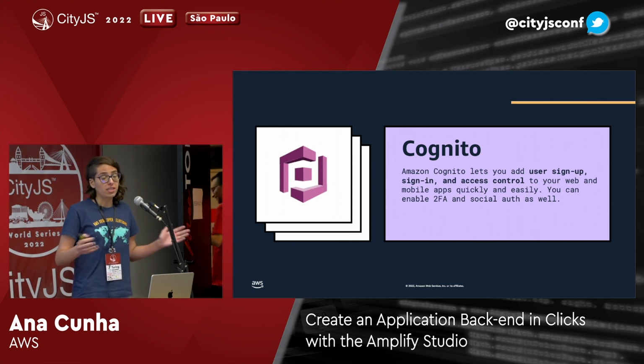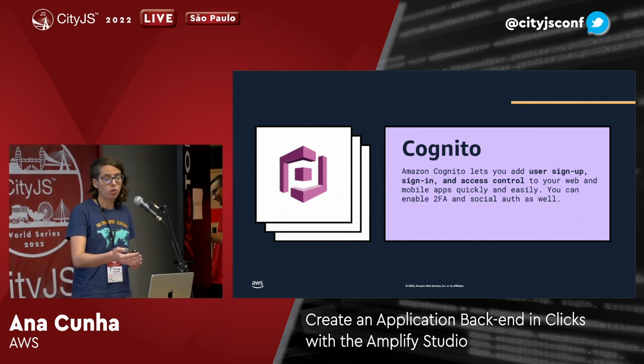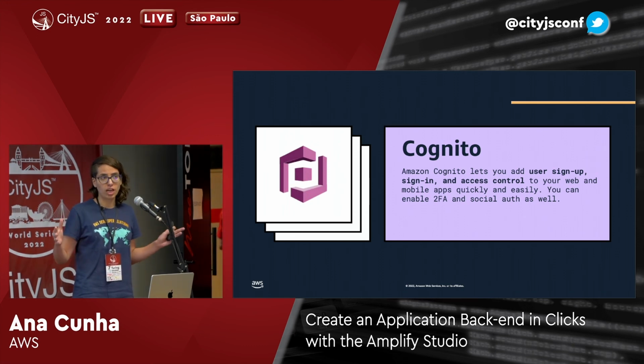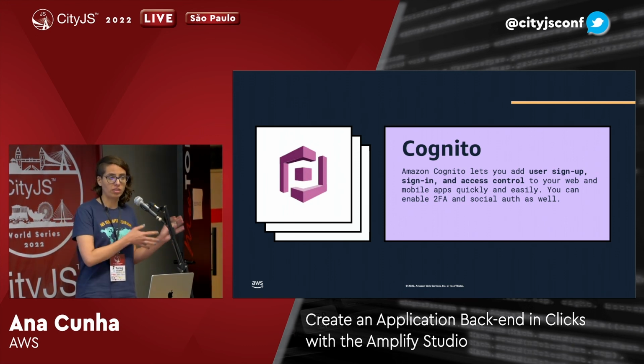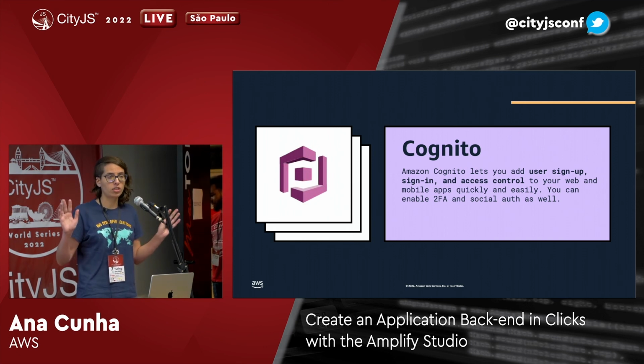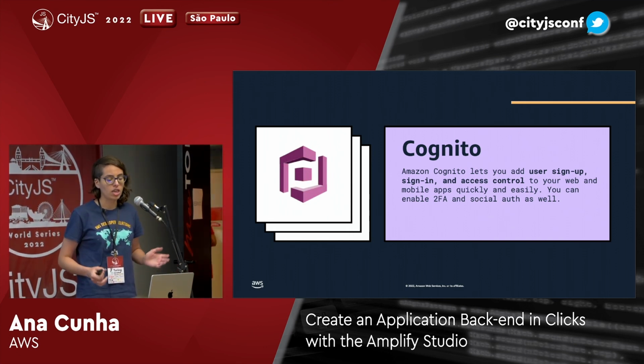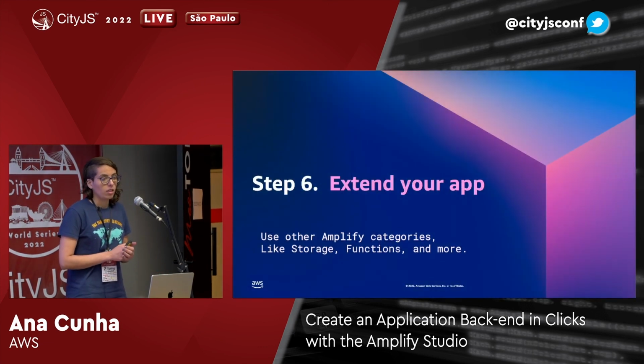But we don't need to know anything about Cognito. So in our code, if we want to use the data, we use the DataStore. And to us, it doesn't matter how it syncs or whatever. And to use authentication, we use the Authenticator. And I don't need to know anything about Cognito.